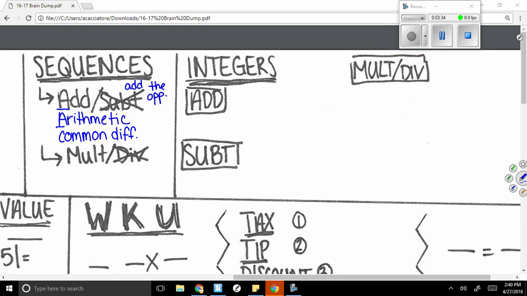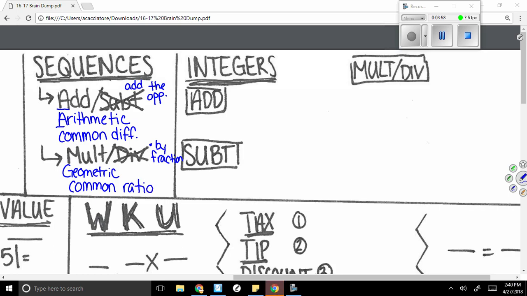So when we multiply or multiply by a fraction instead of dividing, we call those geometric sequences. And those have common ratios. So that number that you're multiplying by each time, that's the common ratio.